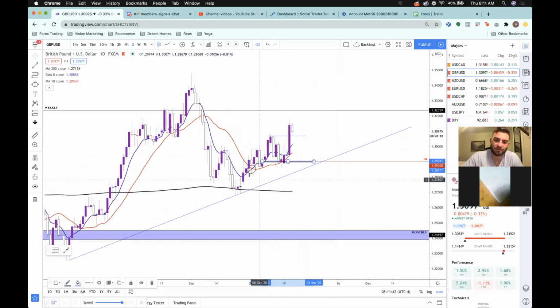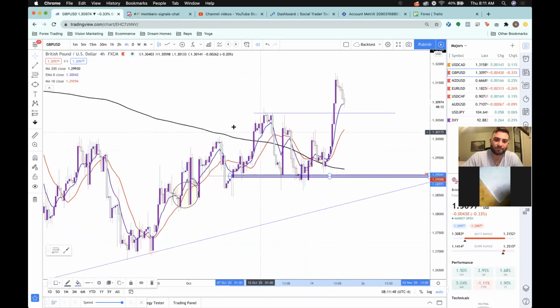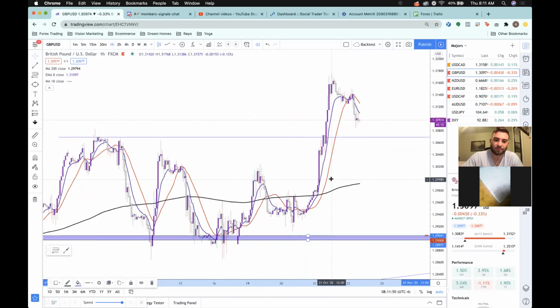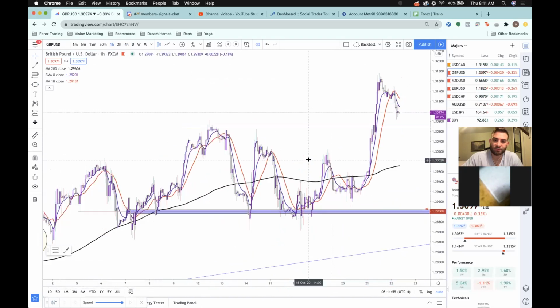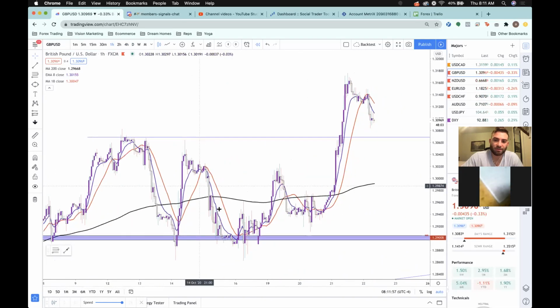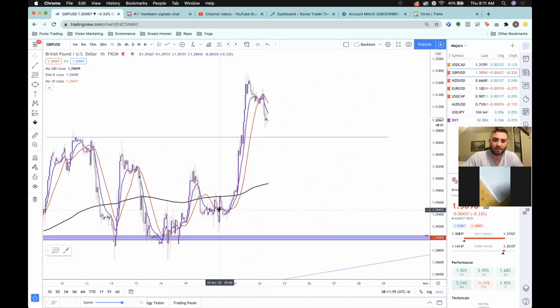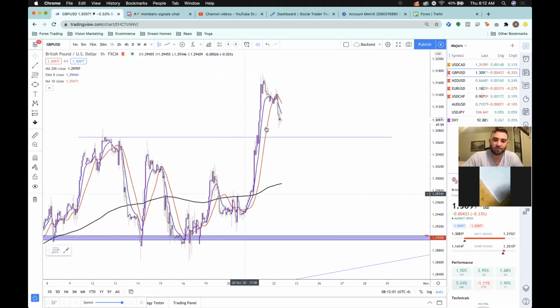Let's just go to the 4 hour because this does not look clean on this time frame. We got all this going on. Let's hit the 4 hour and even the 1 hour. So even down to the 1 hour here, looking at some 1 hour structure, it looks a little bit choppy, but the only thing that we really need to look at the moment is this push right here. We broke to the upside.